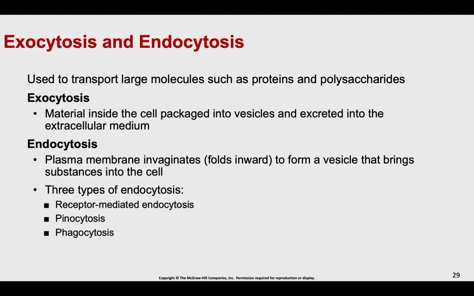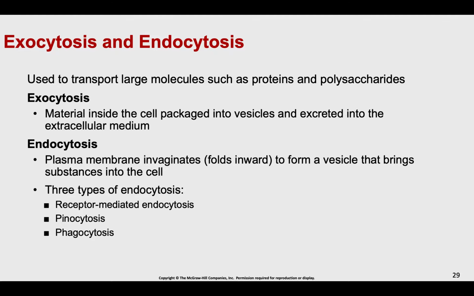All right, the last two concepts I'm going to talk about are exocytosis and endocytosis. We briefly touched upon this, but this is used to transport large molecules, such as proteins or polysaccharides. All right, they're large molecules. They can be made up of hundreds of amino acids or hundreds of sugar monomers.